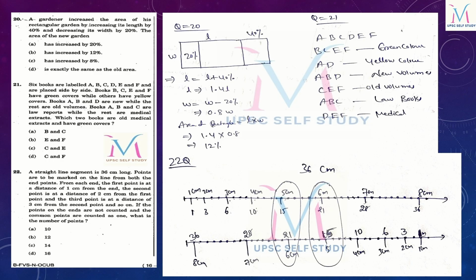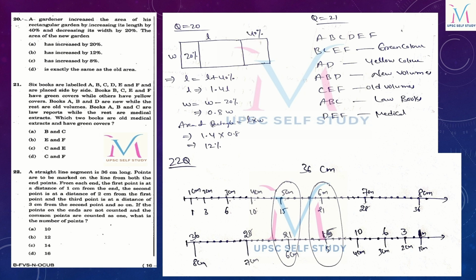So in the solution box I have written B, C, E and F are green. The rest, A and D, have yellow covers. So of the total 6 books, 4 are green and 2 are yellow.